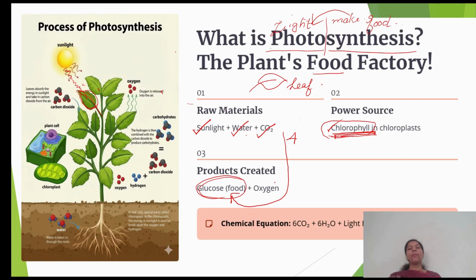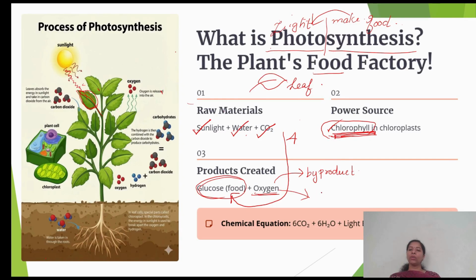Along with that, some byproduct is also formed. What is a byproduct? A byproduct is something which is not needed. Here, the byproduct formed is oxygen. As it is a byproduct, it has to be removed. It has to go out.